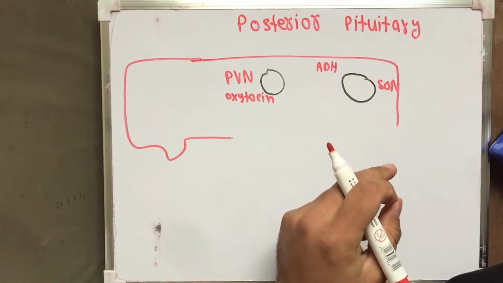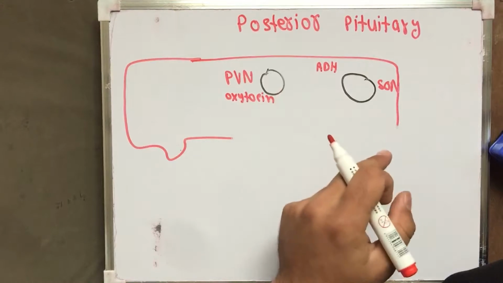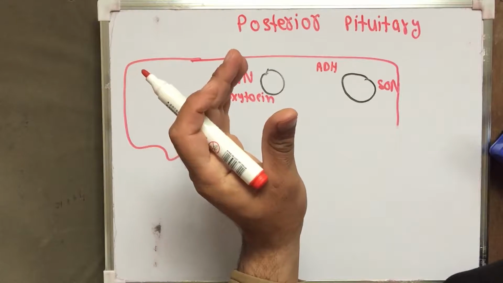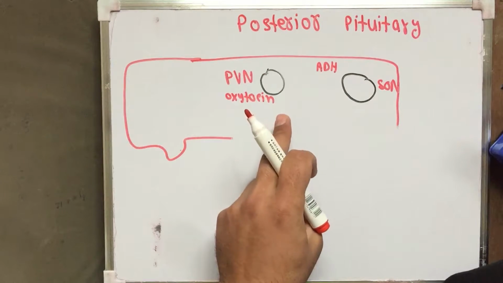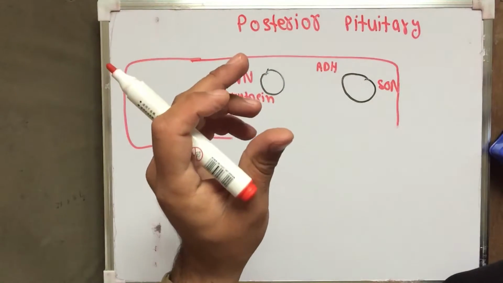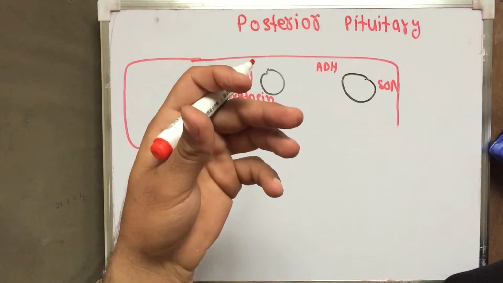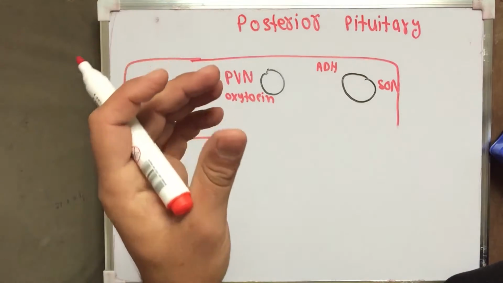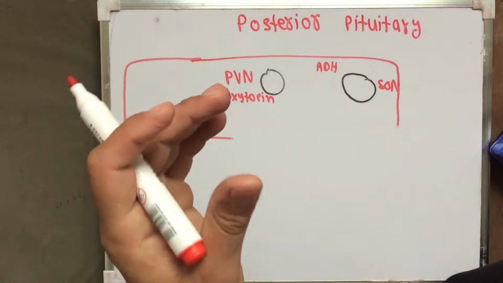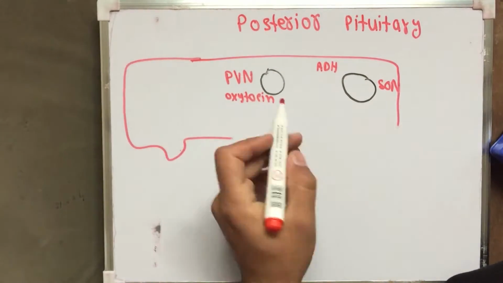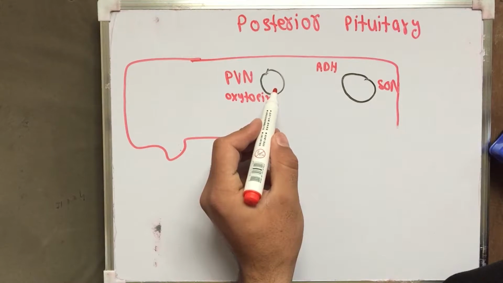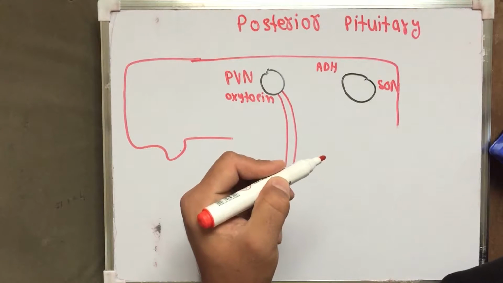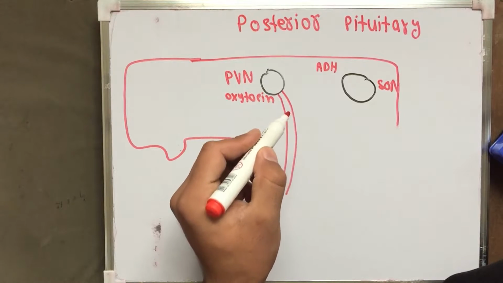Now from these nuclei, these hormones, oxytocin and antidiuretic hormone, go to the posterior pituitary through axons, because we know that posterior pituitary is derived from the central nervous system. So the connection between hypothalamus and posterior pituitary is by neurons, by axons. From the paraventricular nucleus, axon fibers go to the posterior pituitary, and also from the supraoptic nucleus.